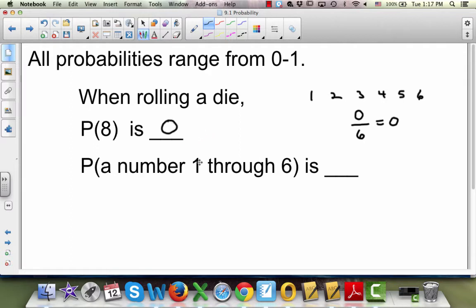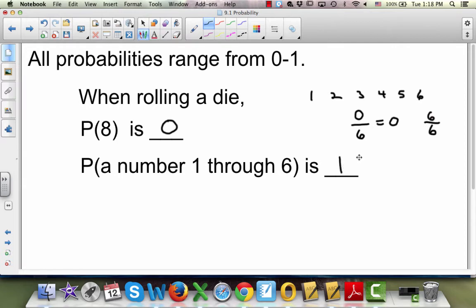Now the probability of getting a number 1 through 6. Well, the number of possible outcomes is still 6. And look, if I want a number 1 through 6, that's a good one, that's a good one, that's a good one, that's a good one, that's a good one, and that's a good one. All these numbers are numbers that are 1 through 6. So we put a 6 over there, and we've got 6 out of 6, or 1.